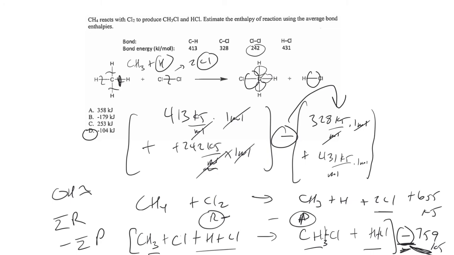Now, one thing I wanted to say is, what if I broke all 4 here? Can I just break all the bonds? We could do that. So we could have had this instead as 4 moles being broken.